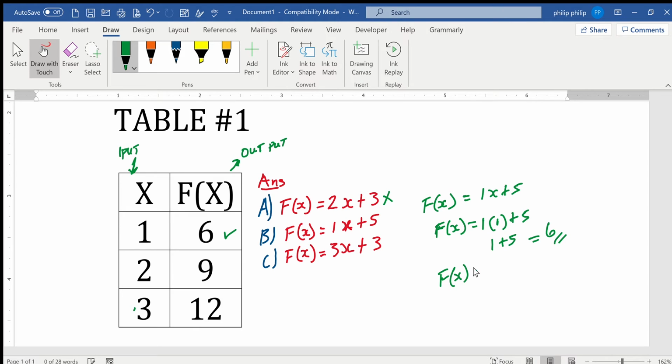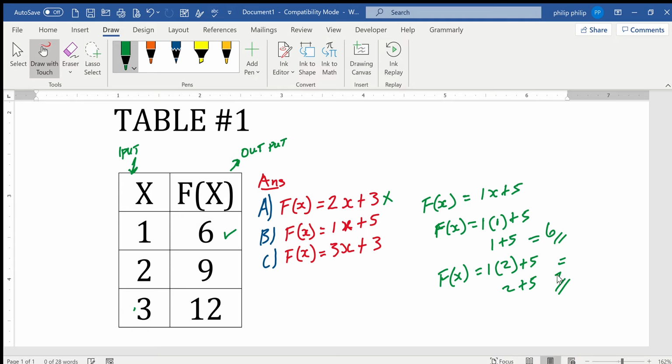So now we put our next input: 1 parentheses, what do we have for the second input value here? It's 2. We have 2 plus, what do we have here? 5. So 1 times 2 is 2, plus 5. This is going to be equal to what? 7. 5 plus 2 is 7.